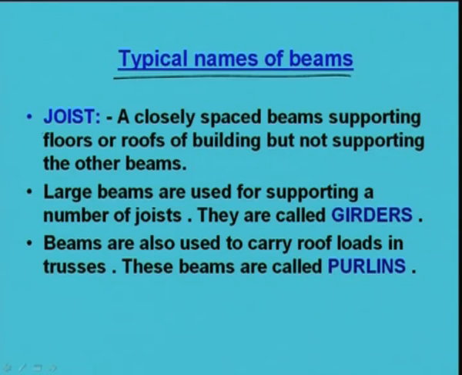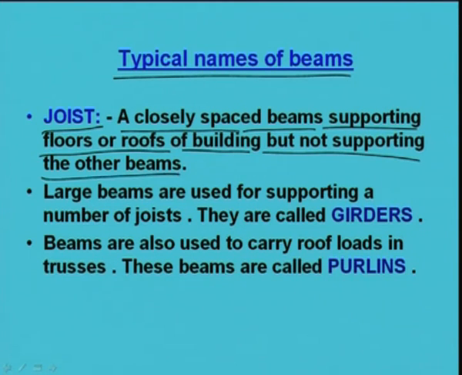Like joist: closely spaced beams supporting floors or roofs of a building, but not supporting other beams. Joist will not support other beams. This type of beam is called joist.